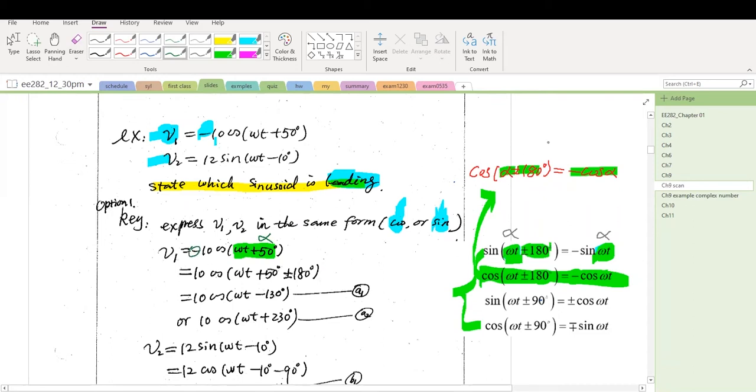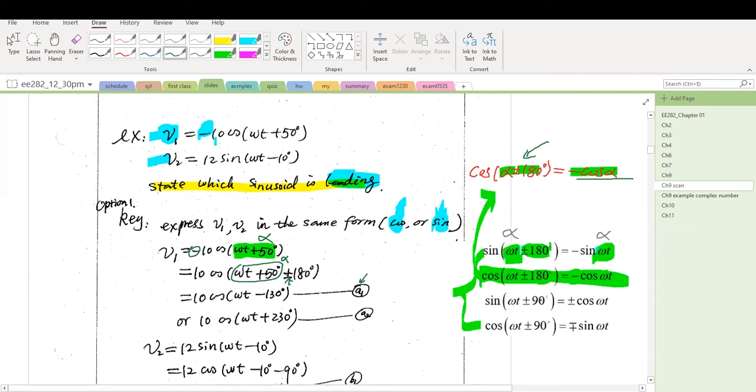So we're going to use this formula: minus cosine alpha equals cosine alpha plus or minus 180 degree. Remember, this is the alpha. Now because there is a plus and minus, let's look at these two cases.